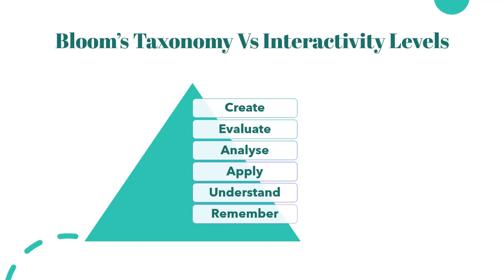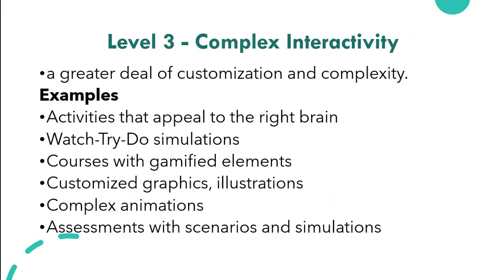The level 2 interactivity, that is limited interactivity, can measure the second and third levels of Bloom's taxonomy, that is understanding and applying. Let's now move on to the third level of interactivity, complex interactivity. In the third level of interactivities, there is a great deal of customization and complexity.